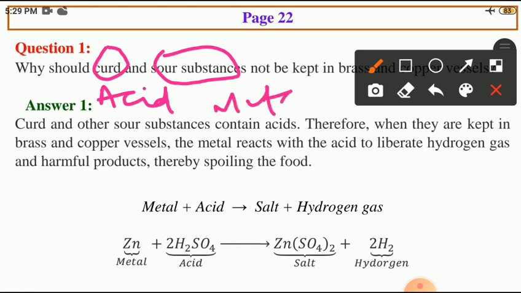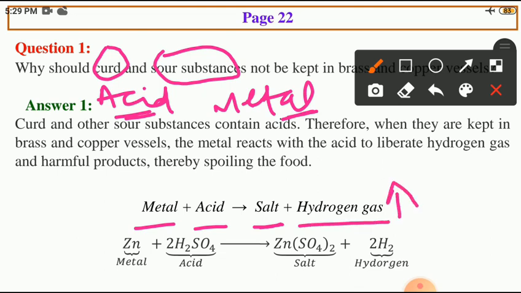So here, one of the substances is acidic and the container is made of metal, then if they are kept together, there will be a reaction between acid and metal. So as we know, metal reacts with the acid and it makes salt and hydrogen gas.